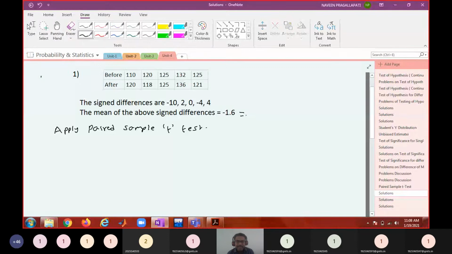This is called D bar. These are the Di's. So you got D bar, which is the mean of the paired differences. You also find out S cap, S D bar.